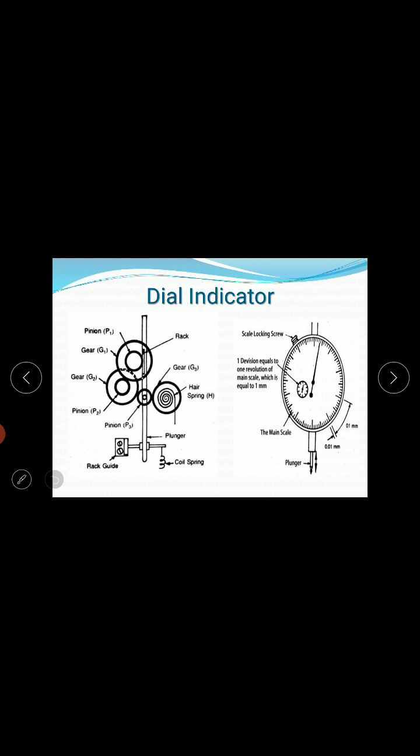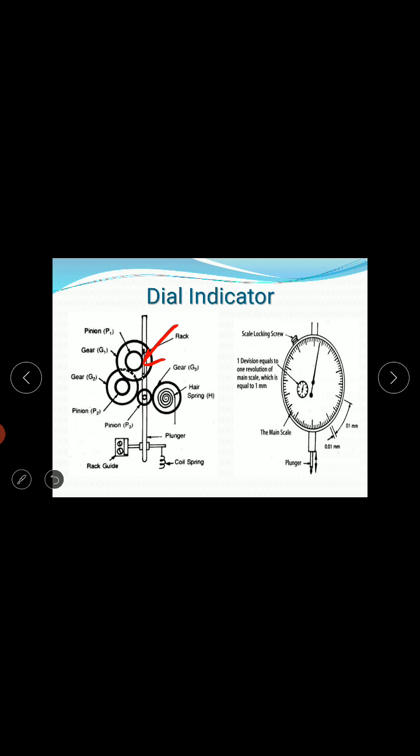After that, in that rack, pinion 1 is meshed. Pinion 1 and gear 1 are both on the same shaft, so as pinion 1 rotates, gear 1 also rotates.